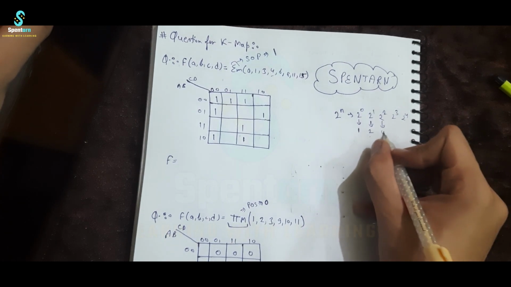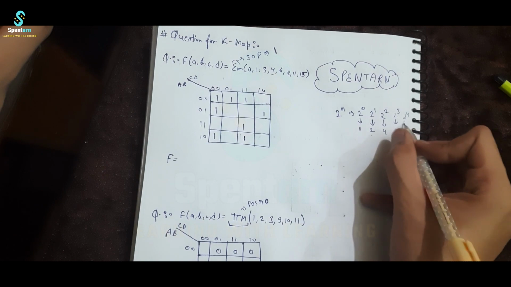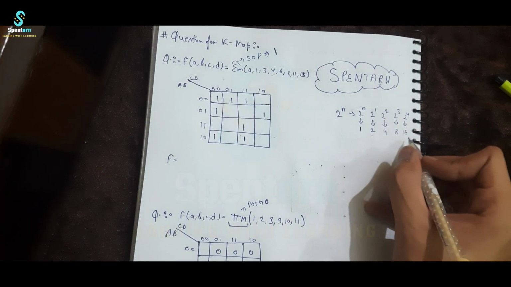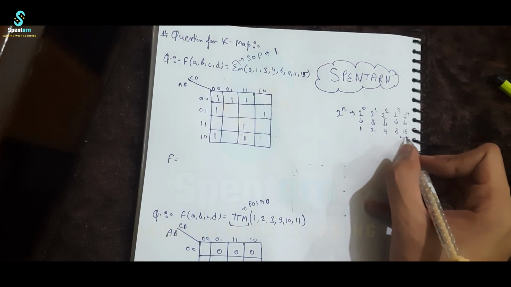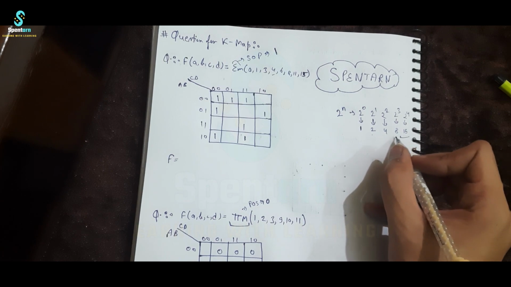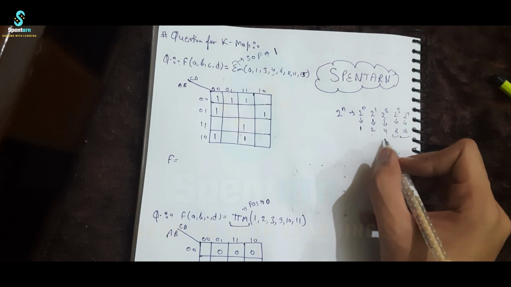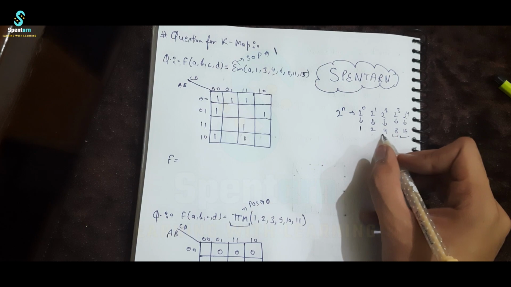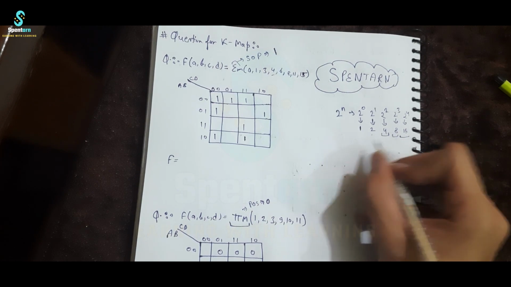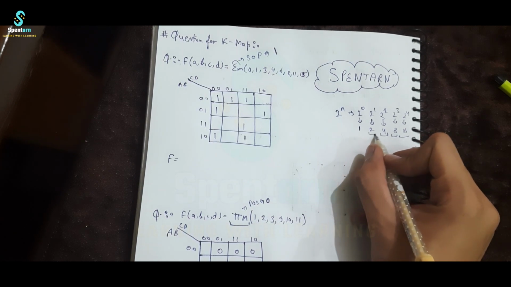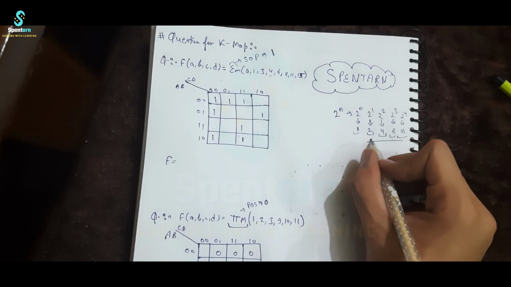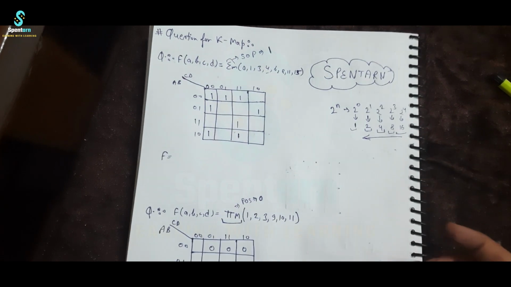Else you will be making 4, 8, 16. So you have to prioritize 16 first. If it is not possible, then go for the 8-element group. If that is also not possible, then the 4-cell group. If that is also not possible, then 2, then 1, right?